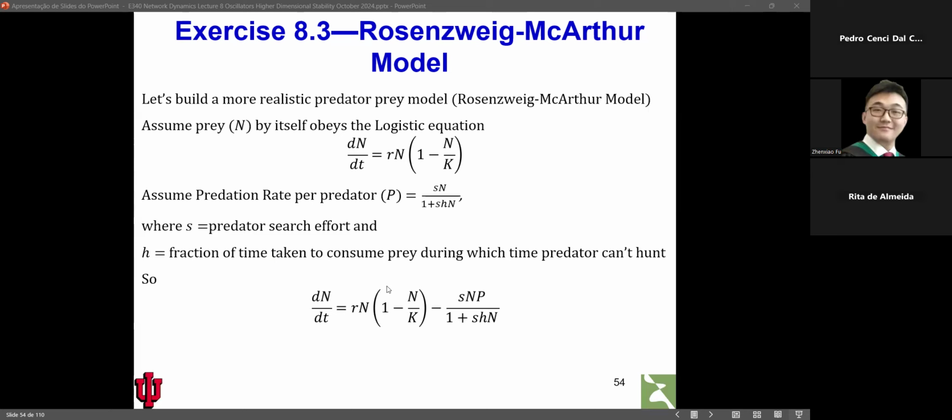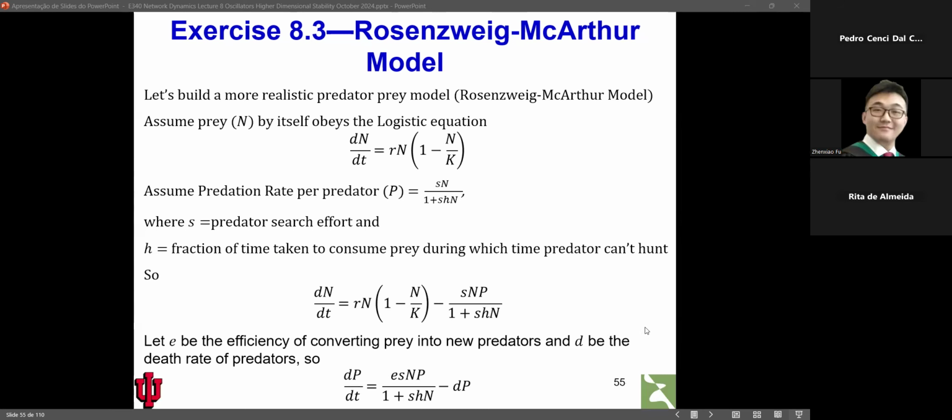It cannot multiply as it wishes because it depends on the environment. And if P is different from 0, then the prey will also decrease because the predator is there. So this is the equation.